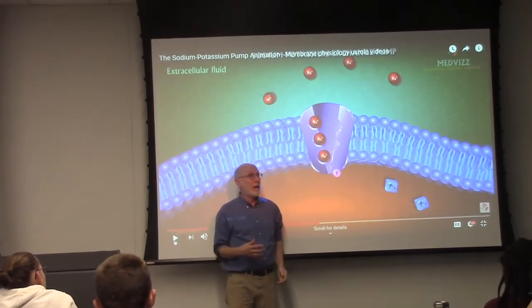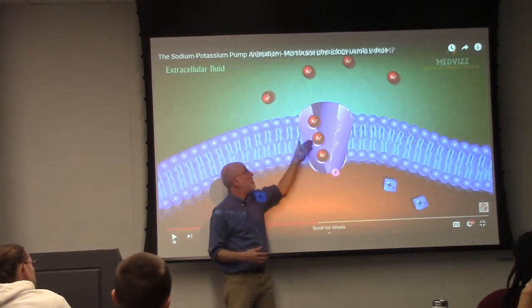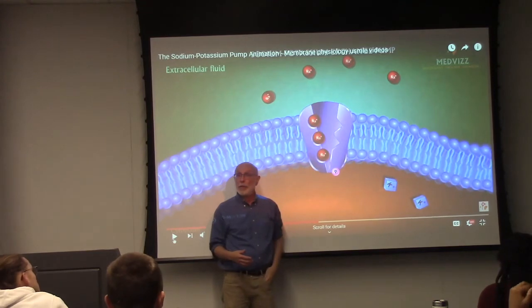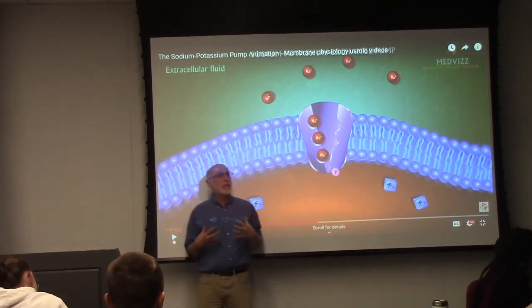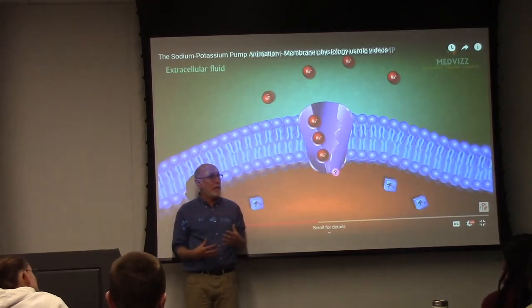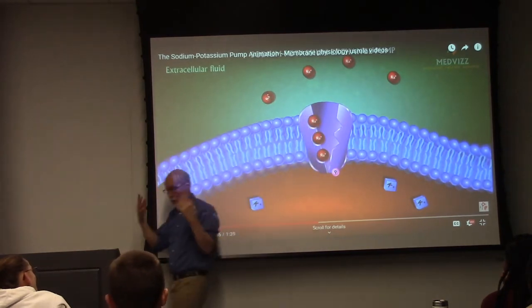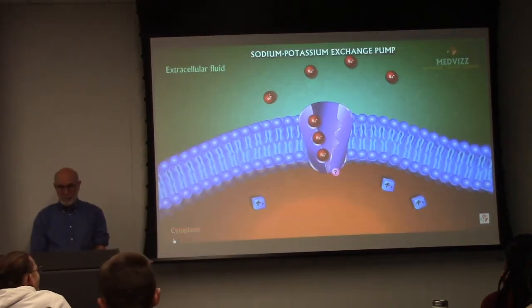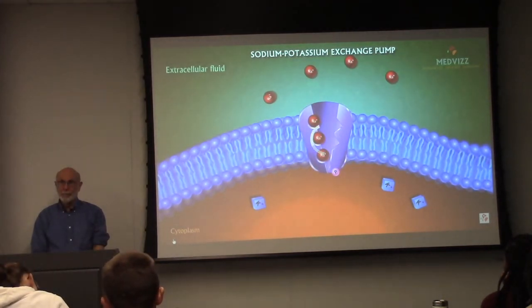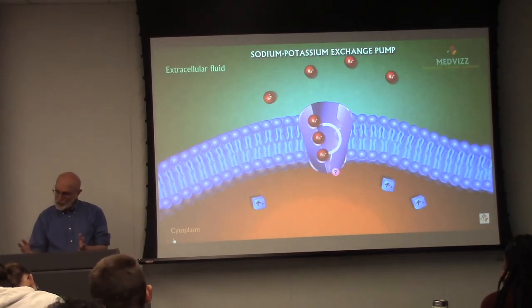That was a big conformational change, and it lowers the affinity of those binding sites for sodium. So now sodium is no longer bound with high affinity, and it is outward facing, so you can predict what's going to happen. The internet's even giving you a chance to predict what's going to happen.